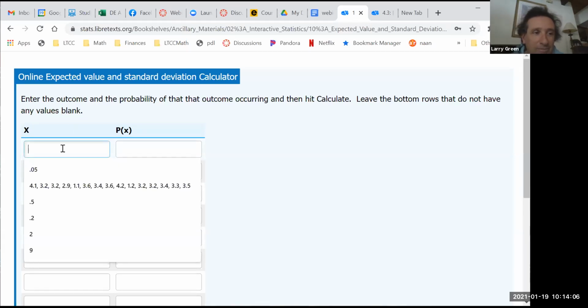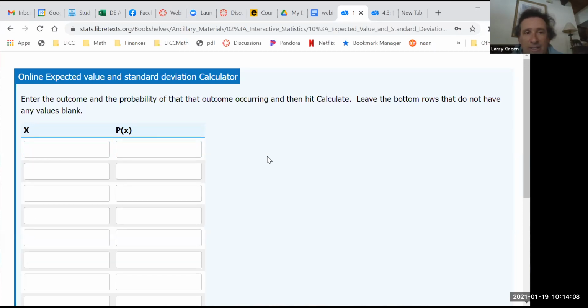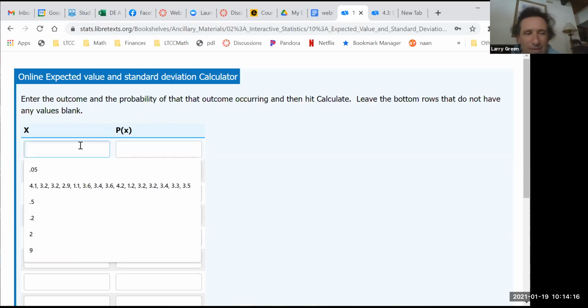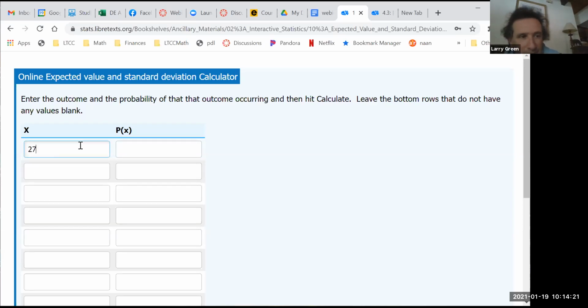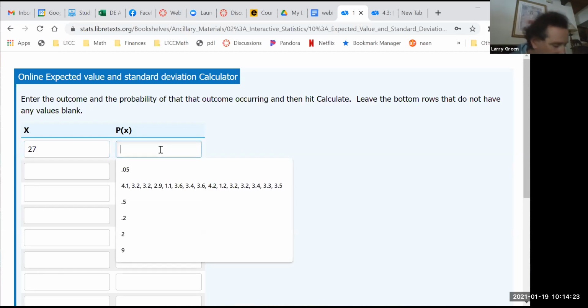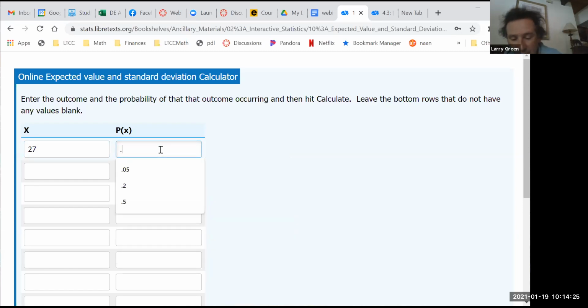So we have to make the probability distribution table. For reasons of formatting, I made it as columns instead of rows. This particular program doesn't do well with rows. So we had 27 for our first X, and our probability was 0.0112. In fact, I'm going to copy that because it happens a bunch.